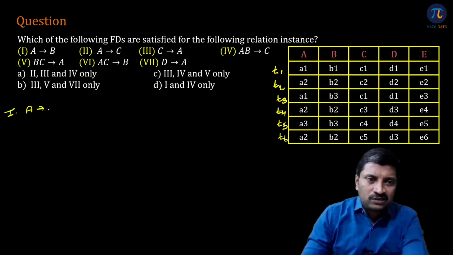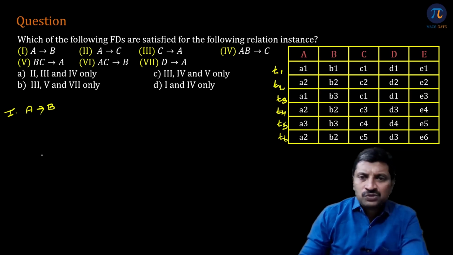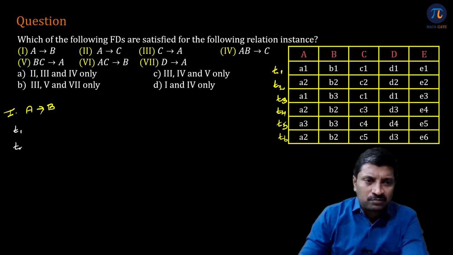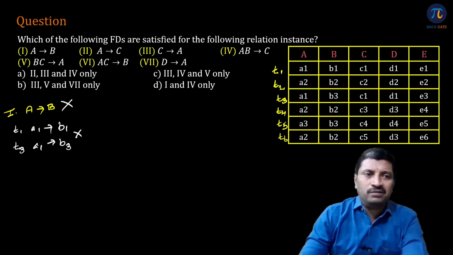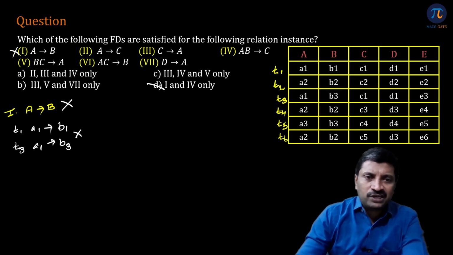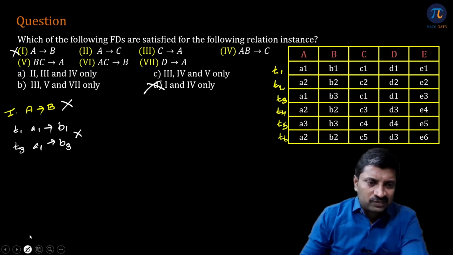The first one is A goes to B. For A, T1 comma T3, these two have the same values, sir. What are the values? A1 comma A1. What about the corresponding values of B, sir? B1, B3. These two are not the same. So this has failed. Since the first has failed, we can strike out option D. Then what about the second functional dependency, sir?